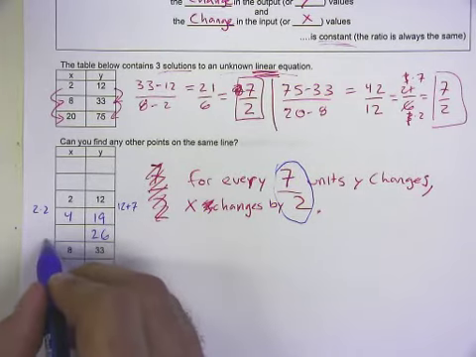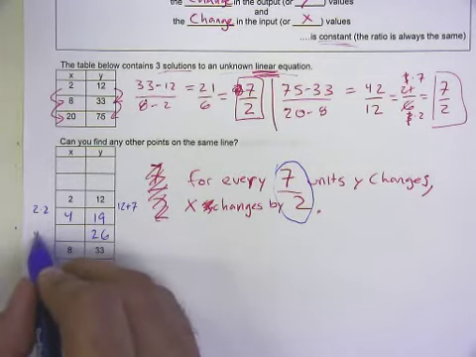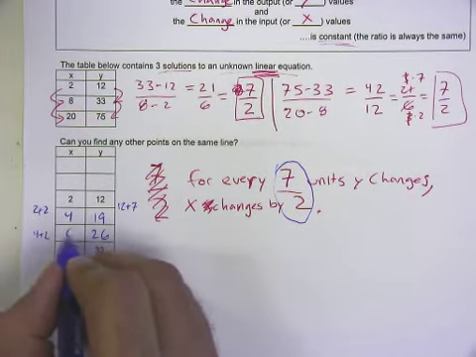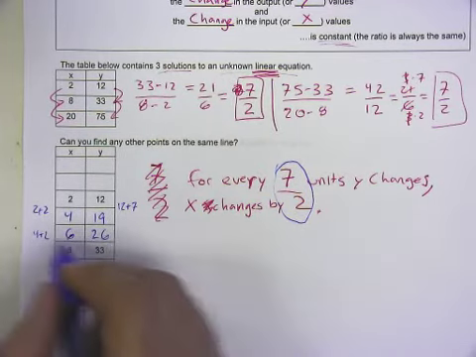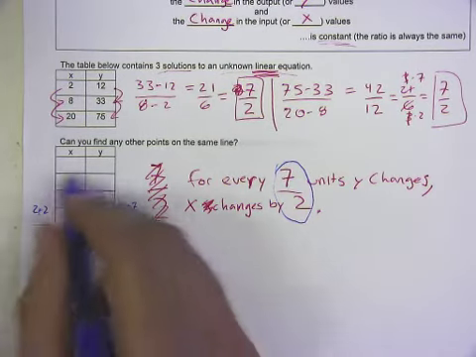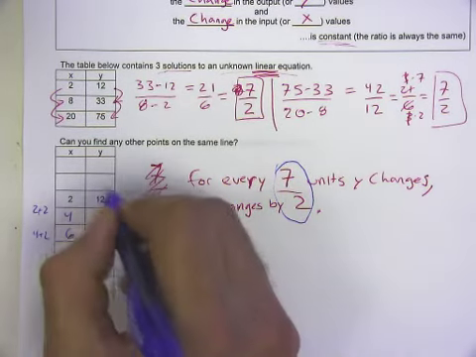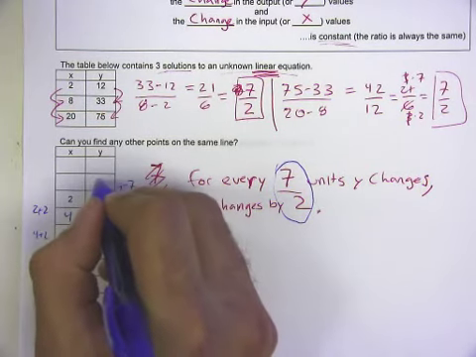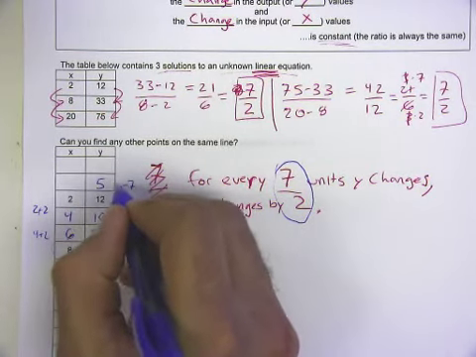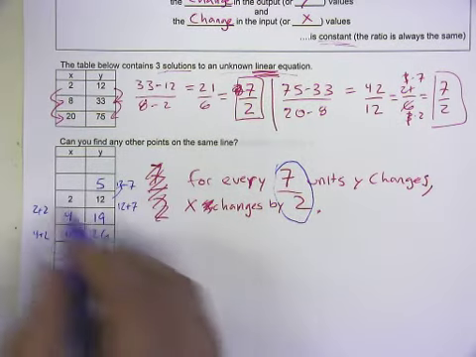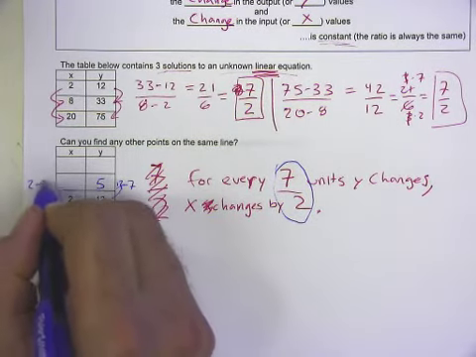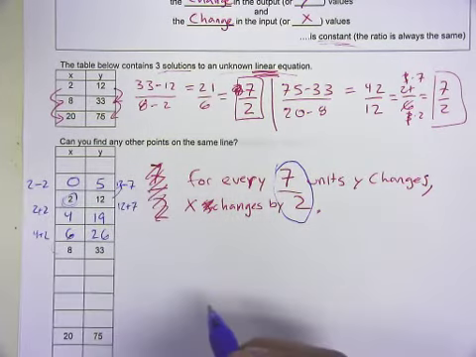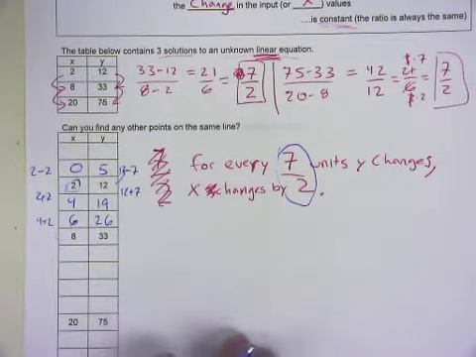When x changes by 2, we'd have 4 plus 2, which would be 6. We could go in the other direction, too. If y changes by 7 but it subtracts by 7, so 12 minus 7, then we should see 2 minus 2, giving us 0 in the x.